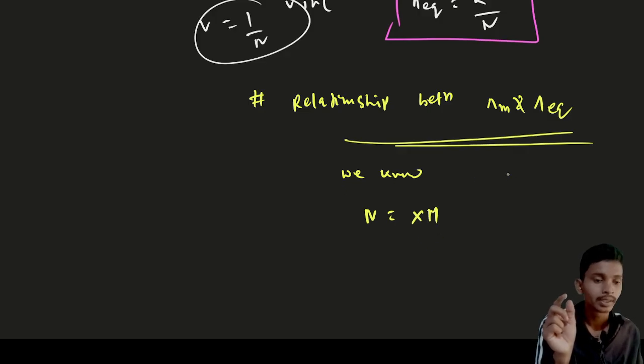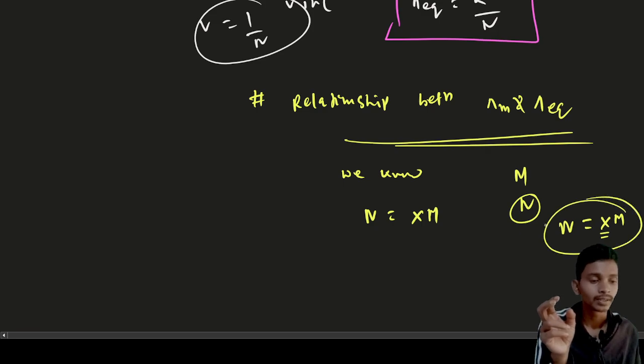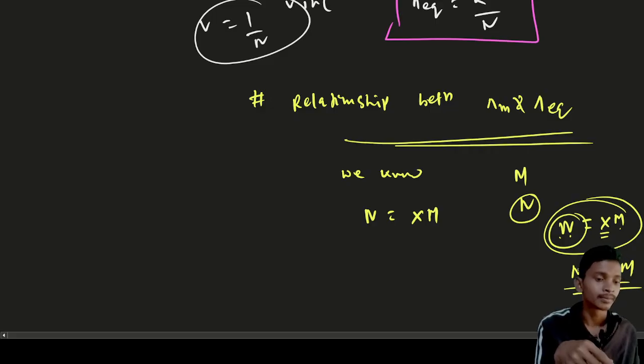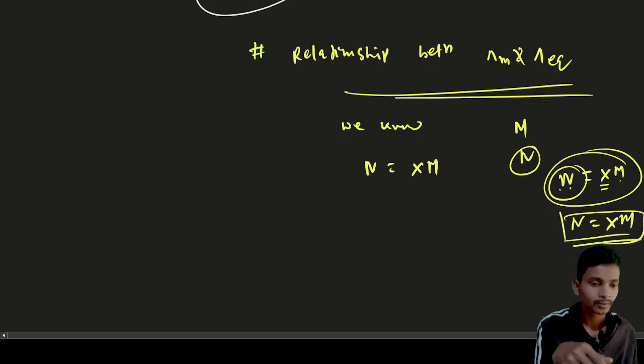How do you remember? In the alphabet M comes first, after that N comes, so N is bigger. So I write N equals x into M, because M is less, so if I multiply it by x, then N will come. Okay, so this we know.